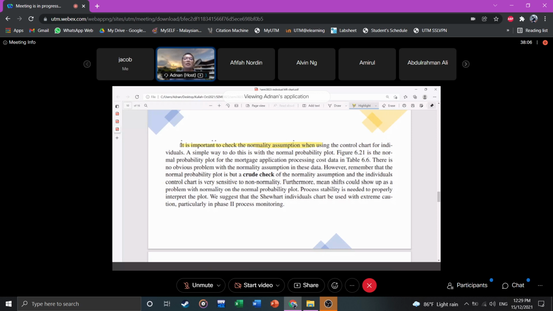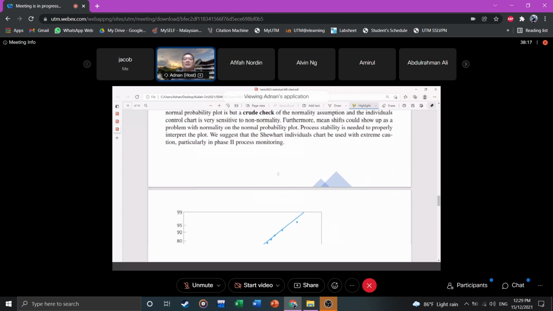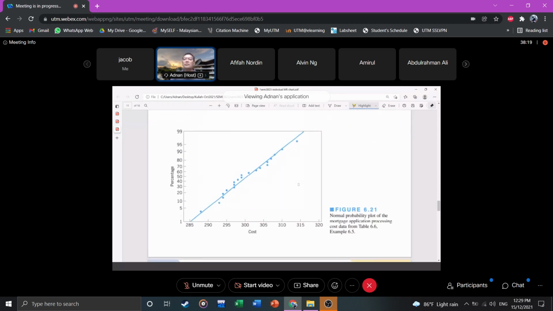It is important to check the normality assumption when using a control chart for individuals, especially when you are using a sigma-based chart. Okay, need to check normality. The way that we check is through normal probability plots. If all the points are close to this line, it shows that it's a good normal distribution.